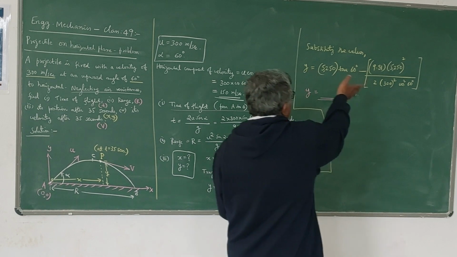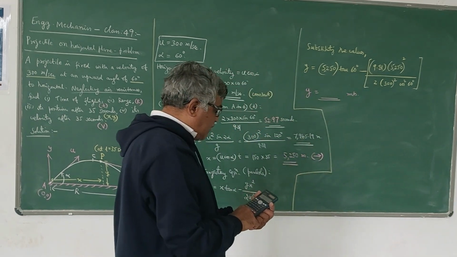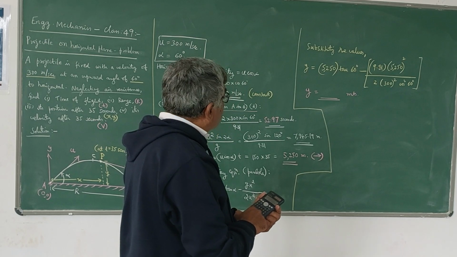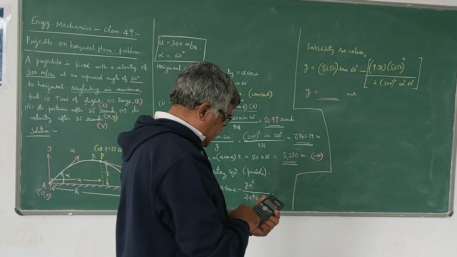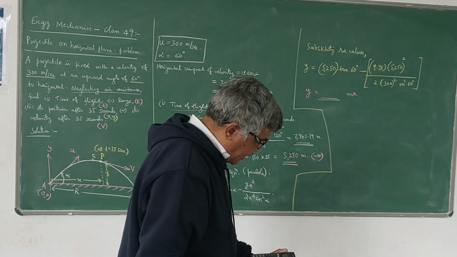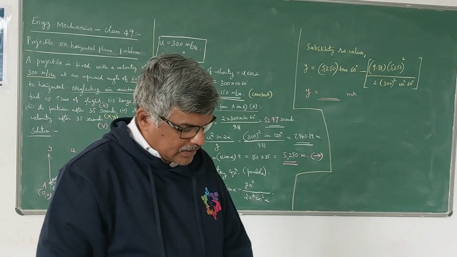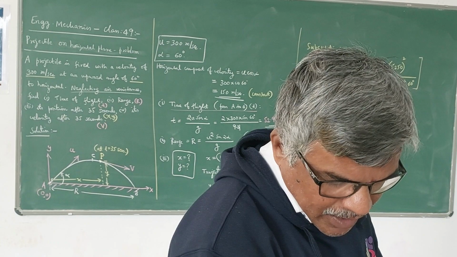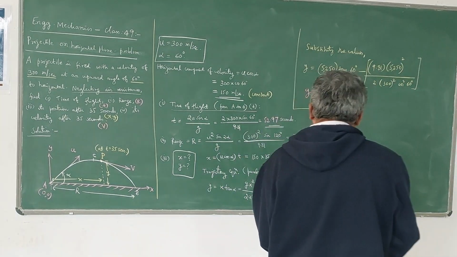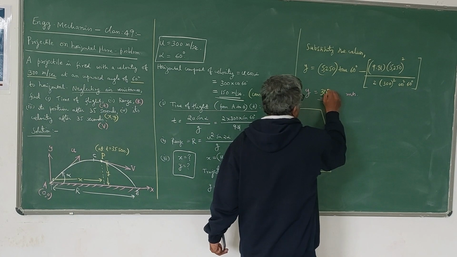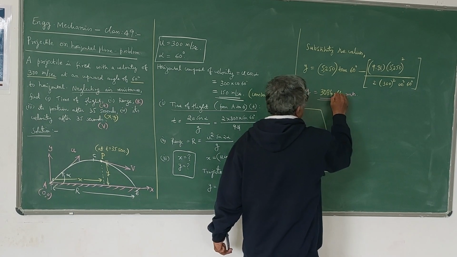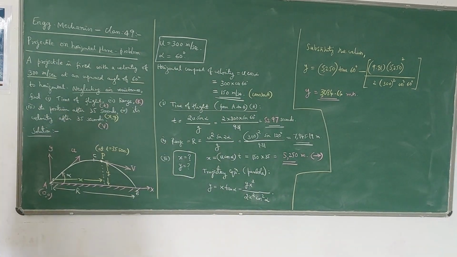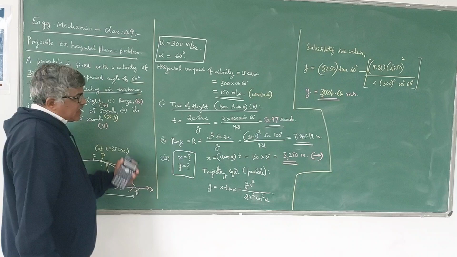Then minus of that plus this. So it becomes now, I will tell, 5250 multiplied by tan 60. So you will be getting the answer as 3084.64, correct, 3084.64. So we have to carefully substitute and simplify. So this is the vertical distance traveled by the projectile at the time t is equal to 35 seconds.